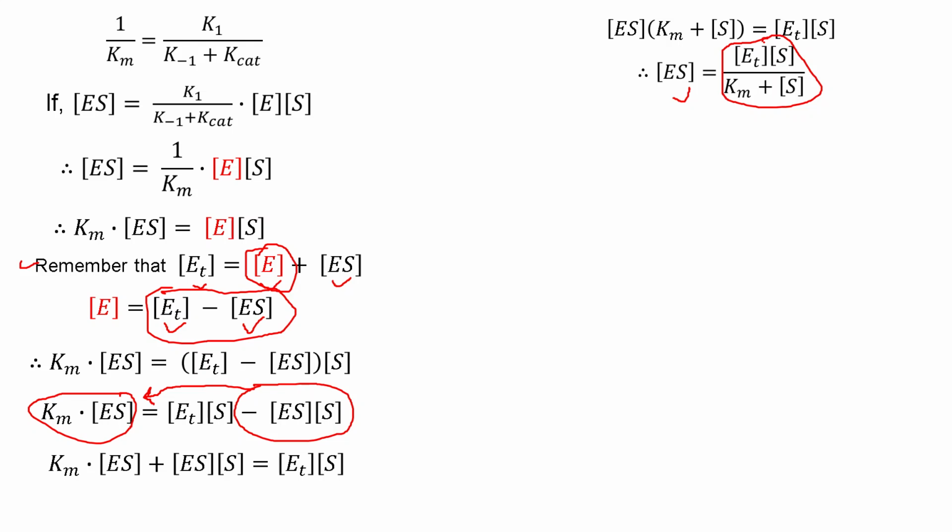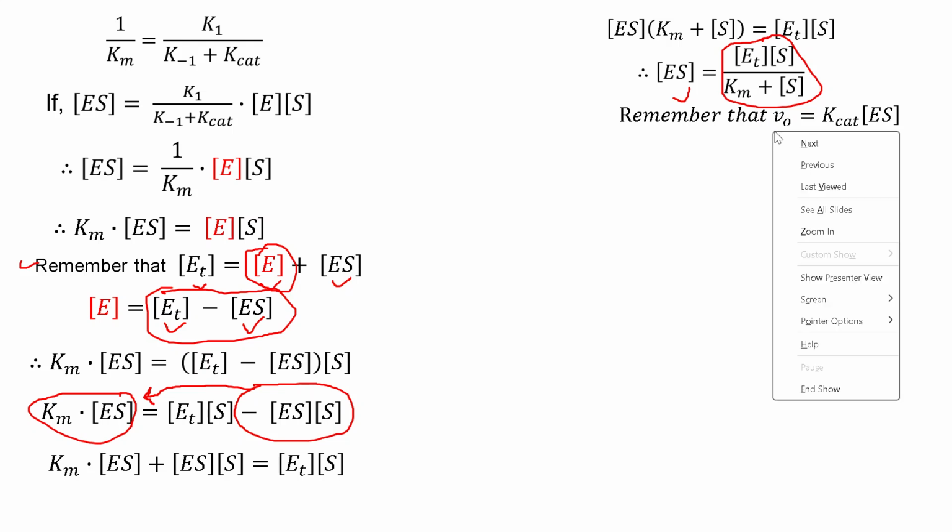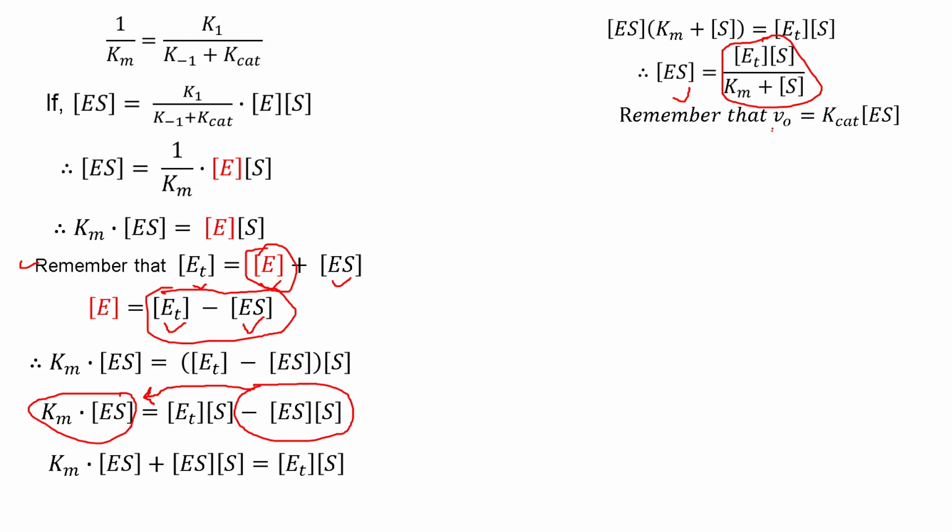That is our ES. So remember that we say that the rate of reaction, which is our V0, is equal to K cat multiplied by ES. So we are going to replace this ES in this equation.